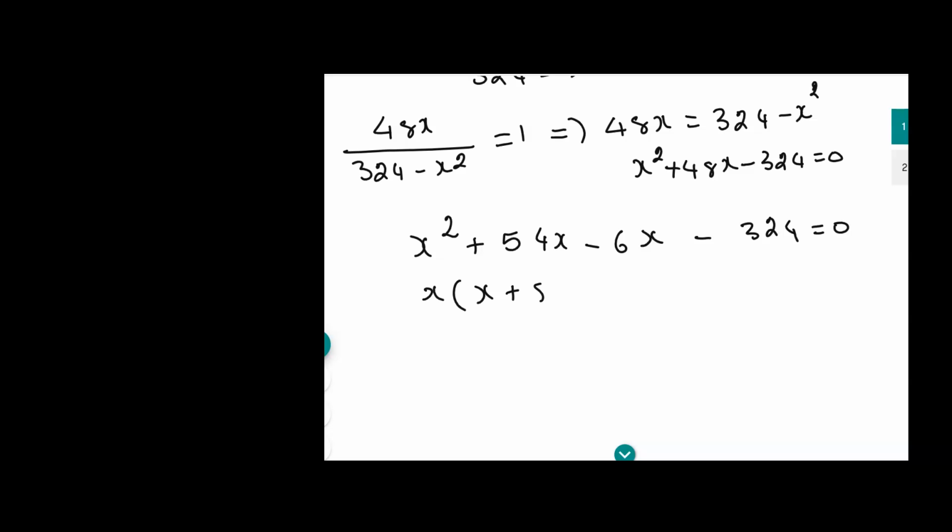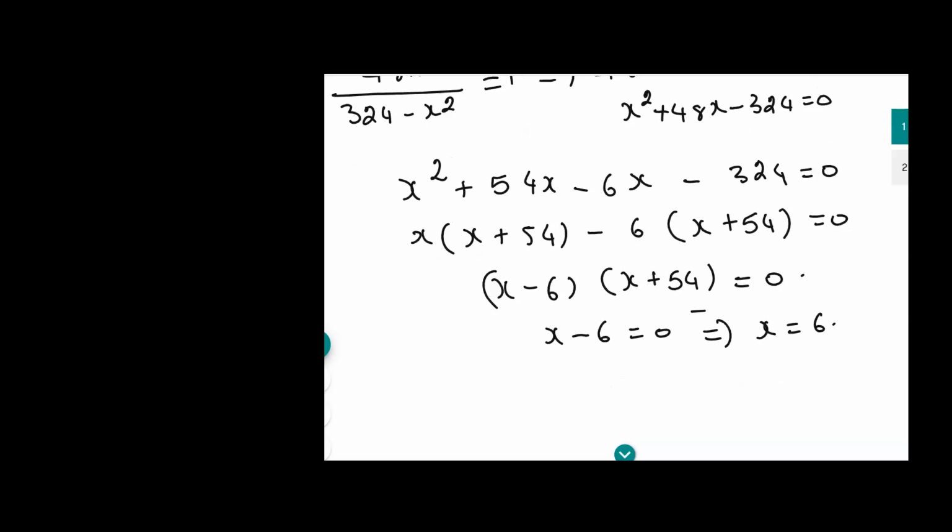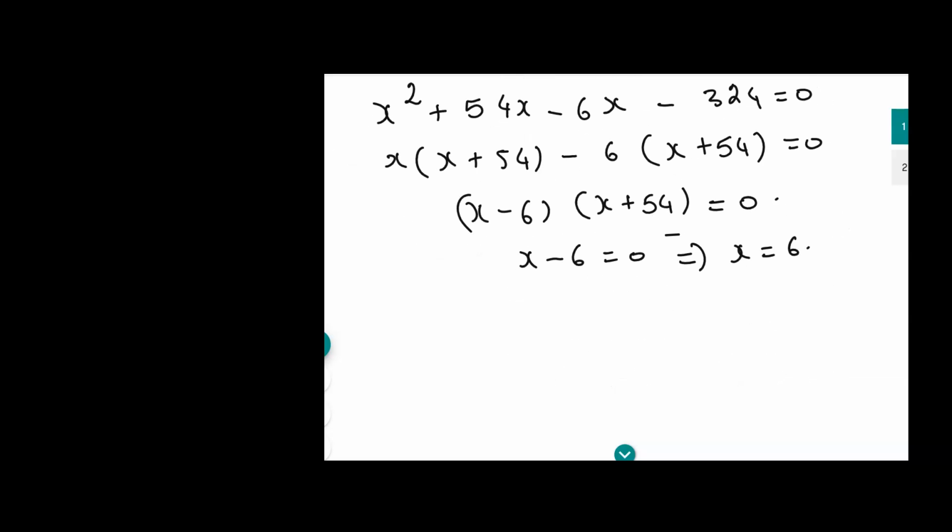I'll get x times (x plus 54) minus 6 times (x plus 54) is equal to 0, so it's going to be (x minus 6) times (x plus 54) is equal to 0. Now, neglecting the negative value, we take x minus 6 is equal to 0, which implies x is equal to 6. Hence, the speed of the stream is x is equal to 6 kilometers per hour.